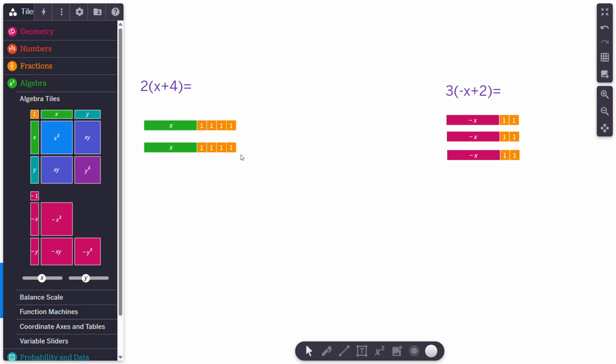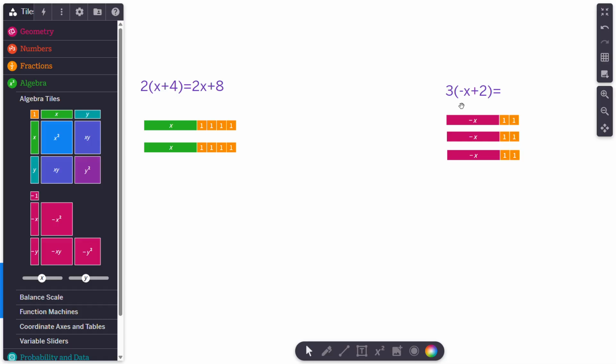So to solve the problem distributively, combine the like terms. How many x's do you have? 1, 2. So the answer is 2x. And then how many individual ones do we have? I see 8, so plus 8. That is your answer.